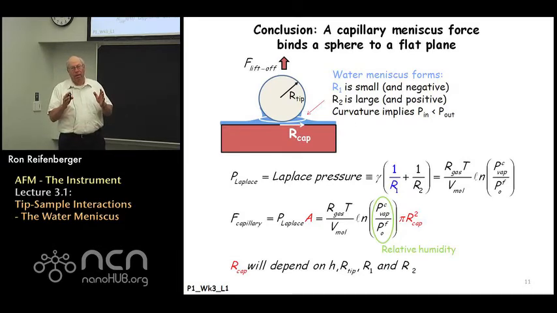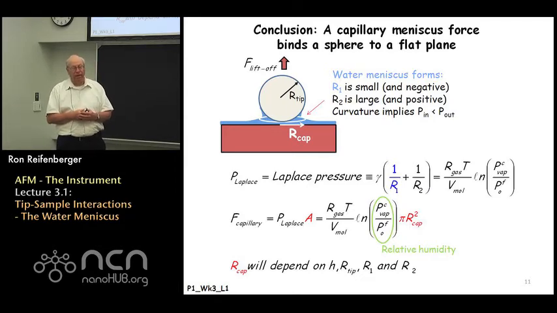Now, it follows that since this water meniscus has a radius of curvature, that implies a pressure difference inside the liquid versus outside the liquid. And that pressure difference implies that there's going to be a force exerted on the tip just due to the presence of that water meniscus between the tip and the substrate.